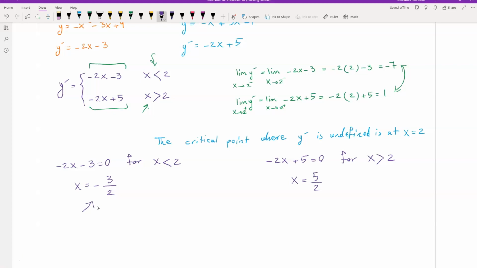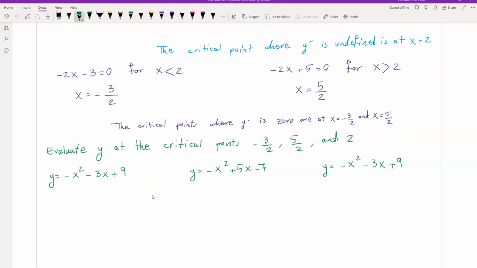Both of these points are within their domain. What that means is the critical points where y prime is 0 are at x equal to negative 3 over 2 and at x equal to 5 over 2. Now we have to evaluate y at the critical points negative 3 over 2, 5 over 2, and 2.